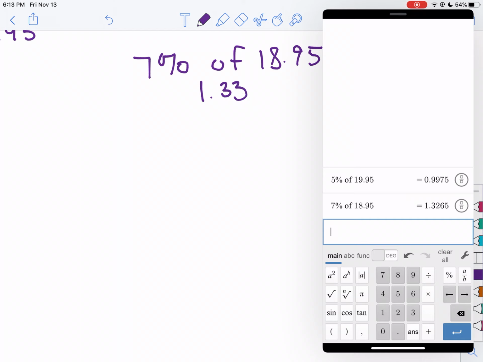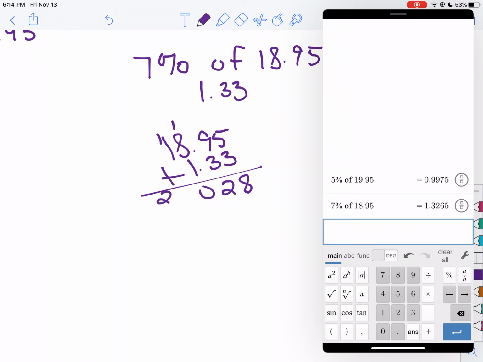So $1.33. This time, tax is a markup, so we have to add. So $18.95 plus $1.33. So we get $20.28.